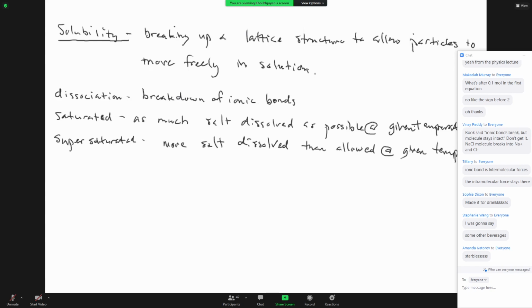If you keep it at room temperature without heating it and keep adding salt grain by grain, it will get to a point where another grain of salt won't dissolve anymore. That's when you get to what we call saturated. Supersaturated is when you decide to activate it and give it more energy.